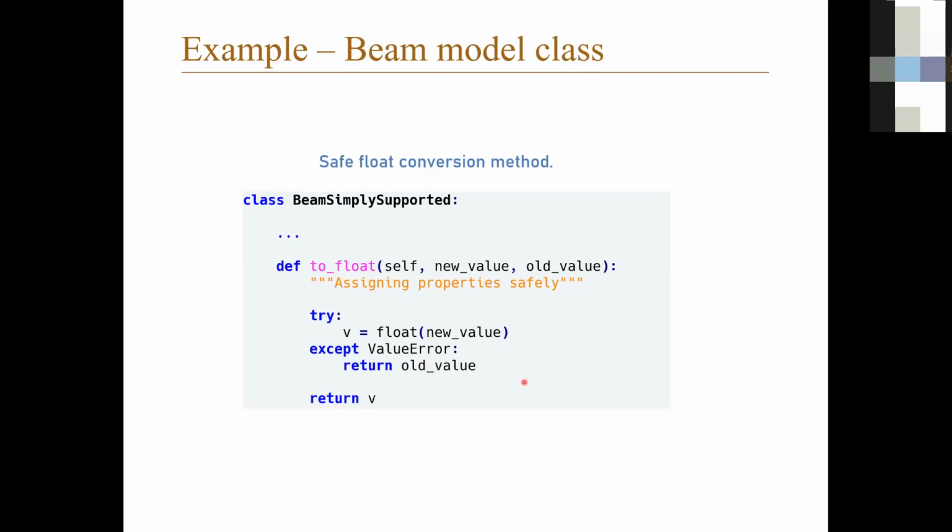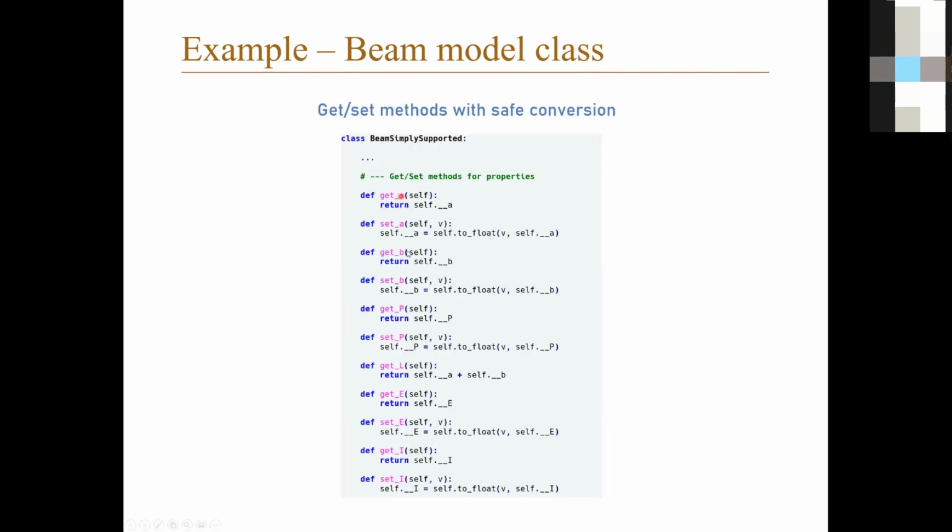It doesn't screw up the existing value if you put in something that is wrong. I implement get and set methods for all my values here. Every time I want to set a floating point value, I call toFloat, and I give the existing attribute as a second parameter. So if everything fails, it will assign A to the old value again.